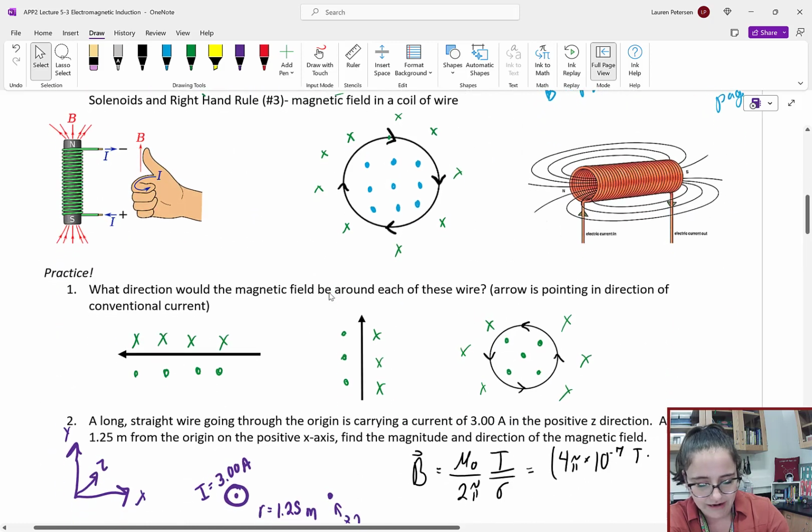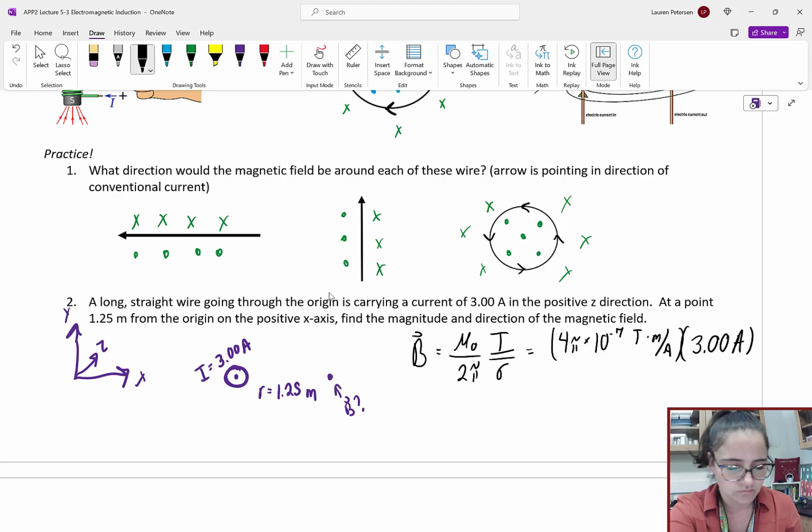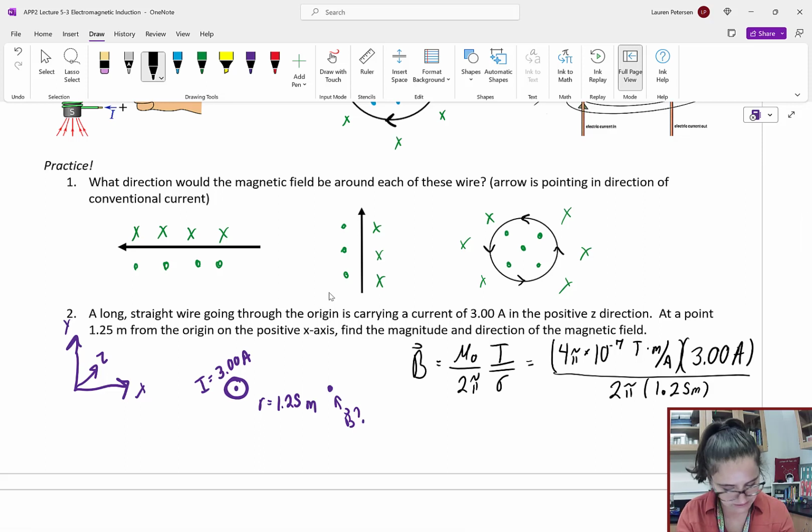Tesla meters per amp, times the current, which is 3 amps, divided by 2 pi times R, which is 1.25 meters. So we can see the meter units cancel out, the amp units cancel out, so we're left with units of Tesla.